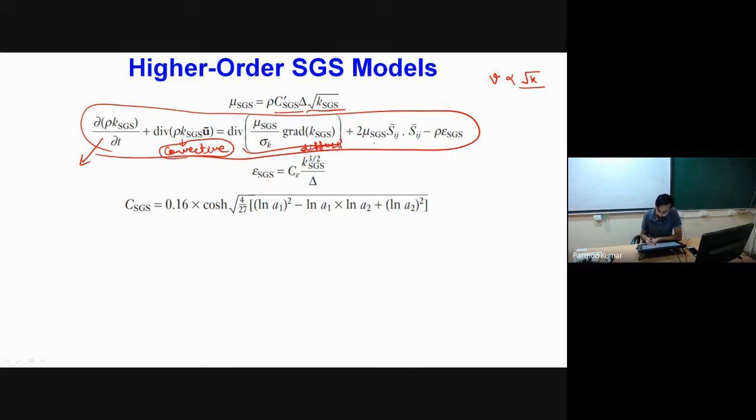The fourth term is the production of SGS turbulent kinetic energy, and the last term is the destruction of SGS turbulent kinetic energy. In the dissipation term we have epsilon SGS, which is calculated as C epsilon into K power 3 by 2 SGS divided by delta. This is related to the basic formulation of the rate of dissipation of turbulent kinetic energy.